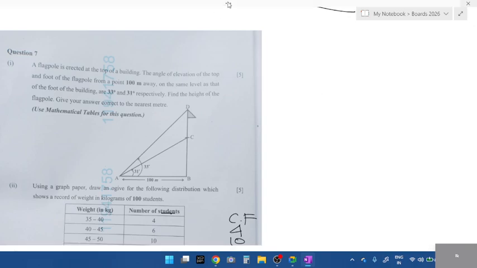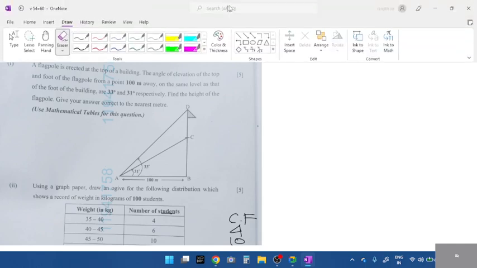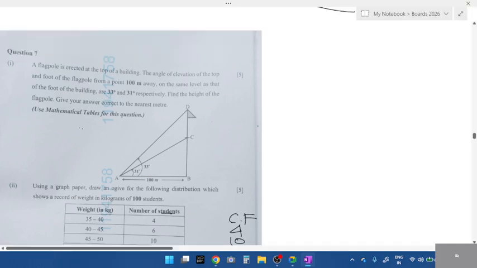Read the question, students. All of you read the question. Mathematical table, we have 31 degrees, 33 degrees. All of you read. Tell me which is the flagpole and which is the building here. Who can answer?